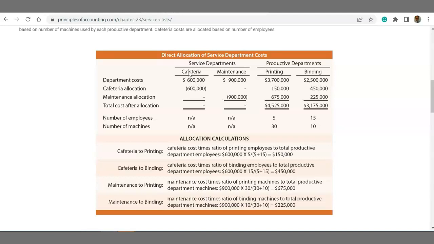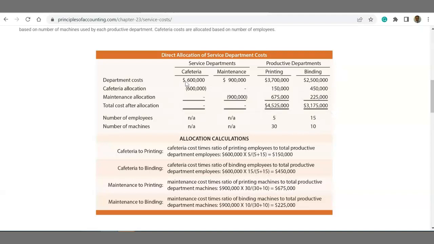Depends what it is. So let's say cafeteria. Cafeteria, you might apply the cost or allocate the cost because of how many employees those departments have.